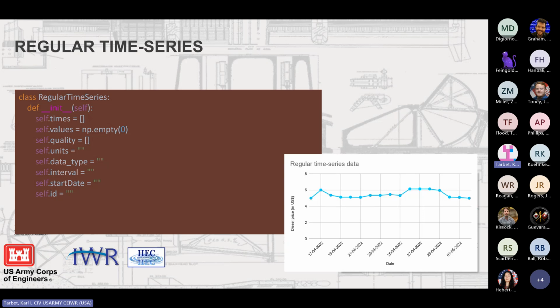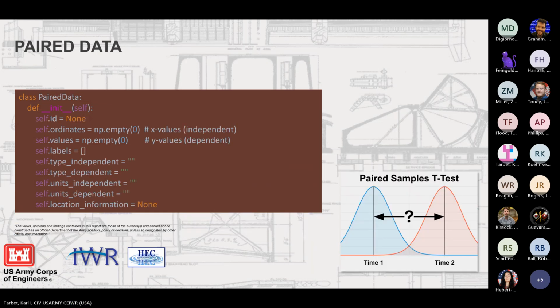There's a plot there. That's cool. And same for paired data. So within paired data, we now have values and ordinates that each have their own respective types and units for the independent variables.